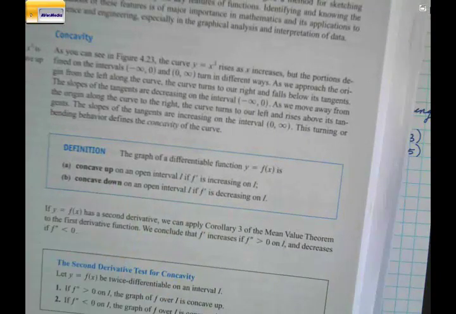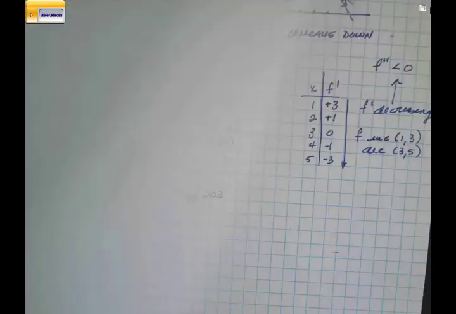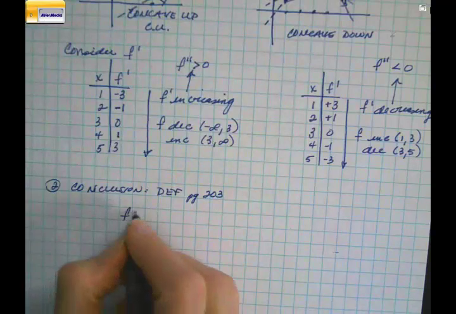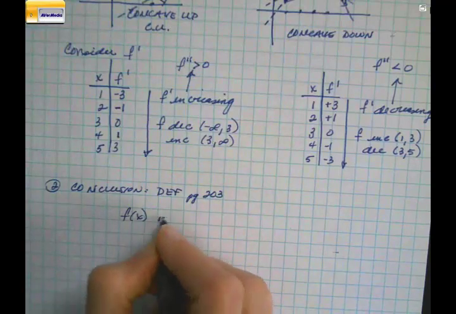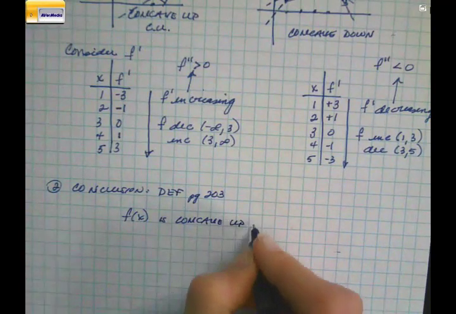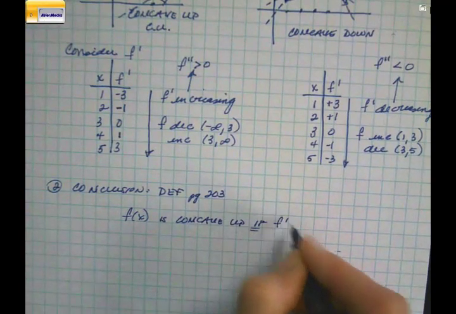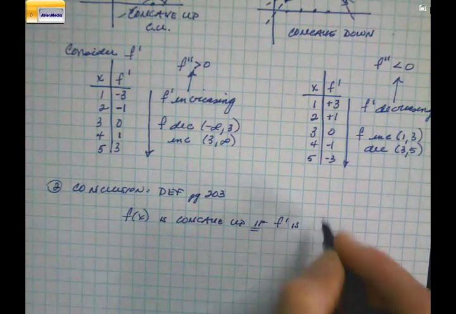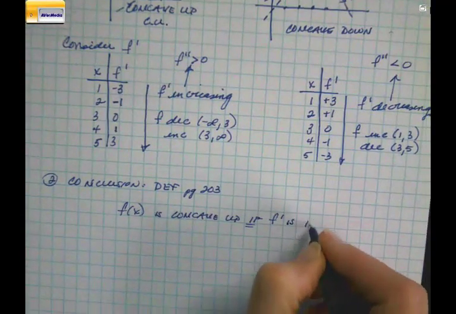Okay? It's concave up if the first derivative is increasing. So this says that f of x, the original function, is concave up if the first derivative of the function is increasing.